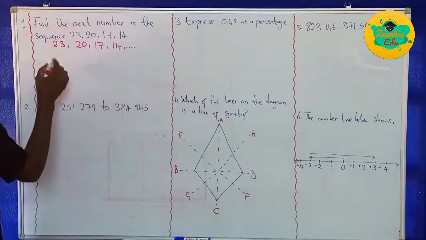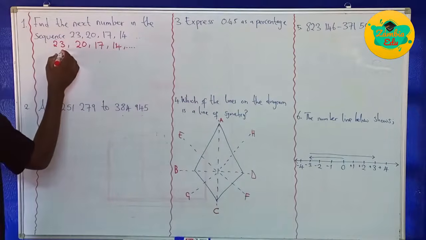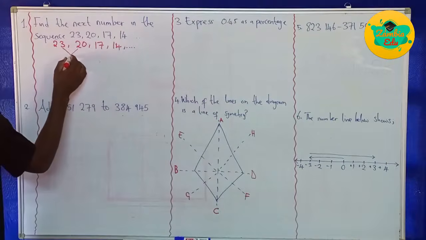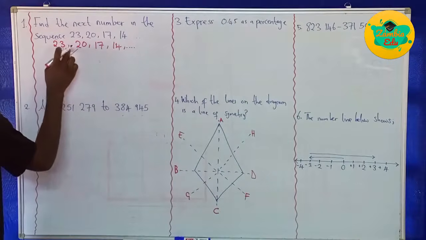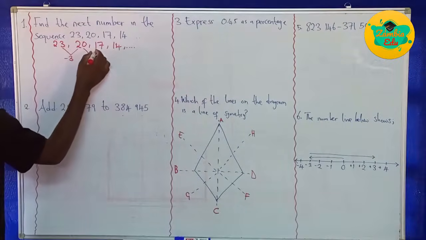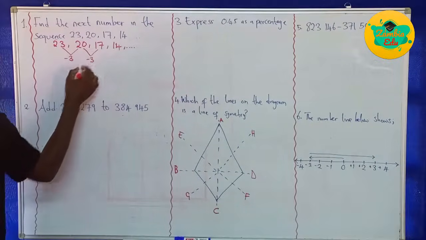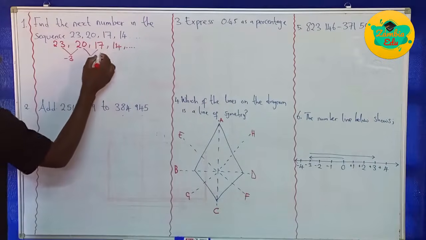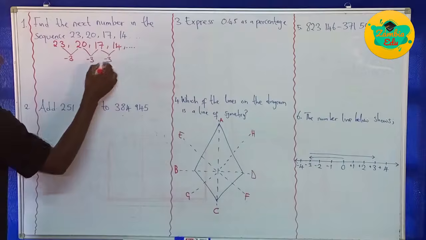If we focus and look at this, we notice that there is a minus 3. So 23 minus 3 comes to 20. Again, there's another minus 3 to 17. Then from 17 to 14 is another minus 3.